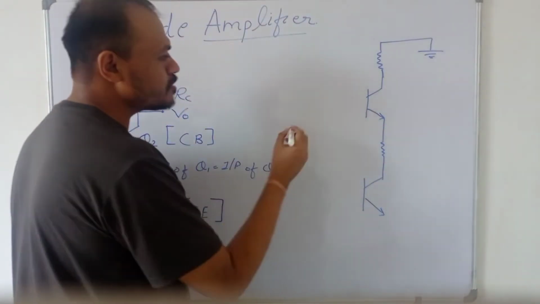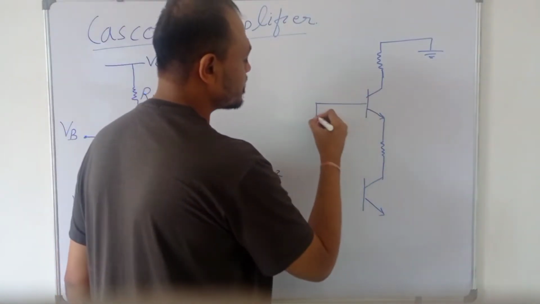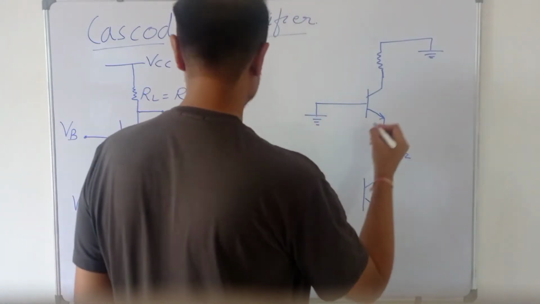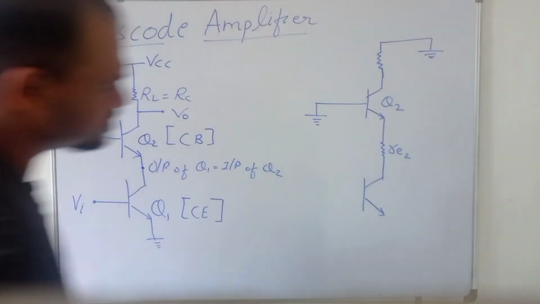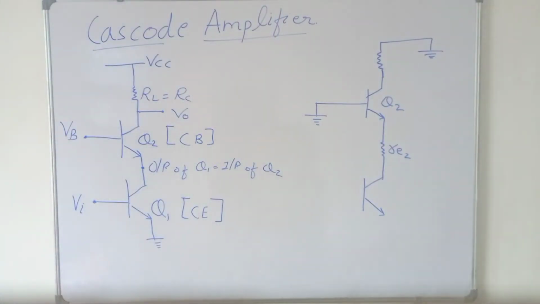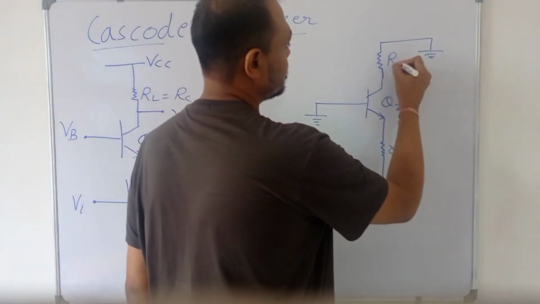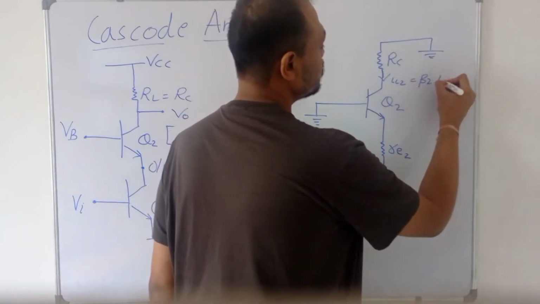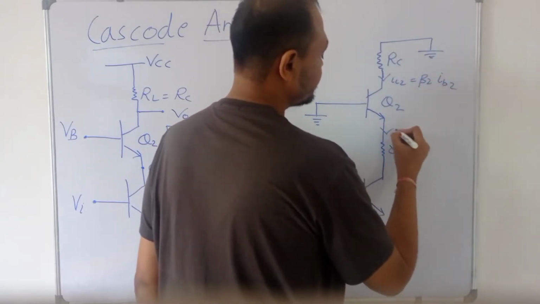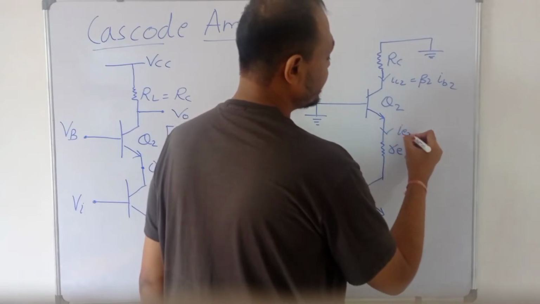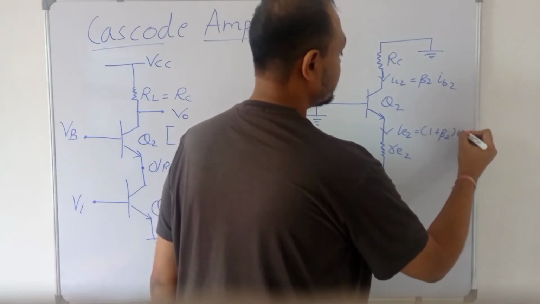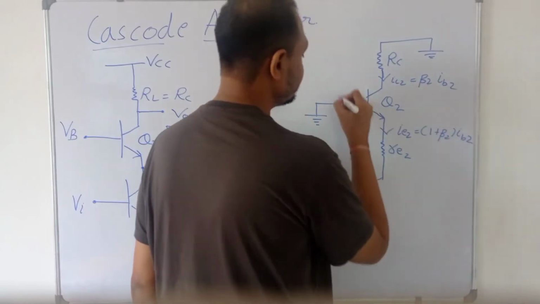This VB is also a DC voltage source, so it will also be grounded. This is RE2, this is transistor Q2. This is RC or RL. So here IC2 is flowing, so IC2 equal to beta 2 IB2. Here IE2 is flowing, so it is equal to 1 plus beta 2 times IB2. This is IB2.